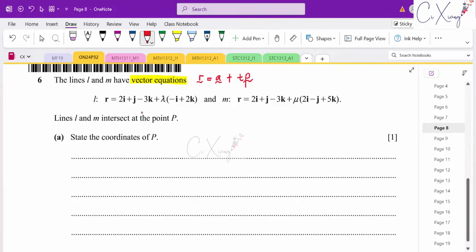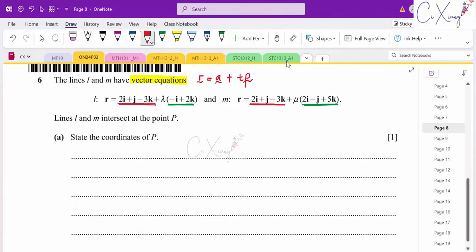When you look at this particular equation, you have line L, the passing point is 2, 1, and negative 3. Then the direction is negative 1, 0, and 2. For line M, the passing point is 2, 1, and negative 3, and then the direction is this one. We try to observe the passing point for line L and line M. You can see that their passing point is the same, which is 2, 1, and negative 3.